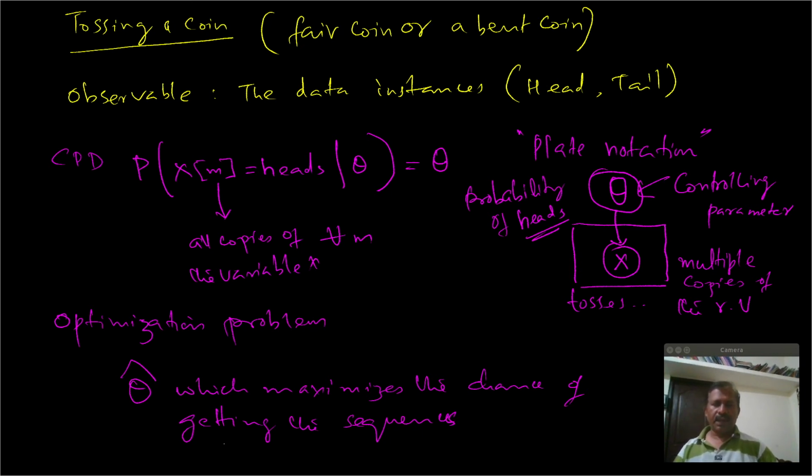So theta hat represents the chance of getting the same sequences that I have supplied to this function as input, right?